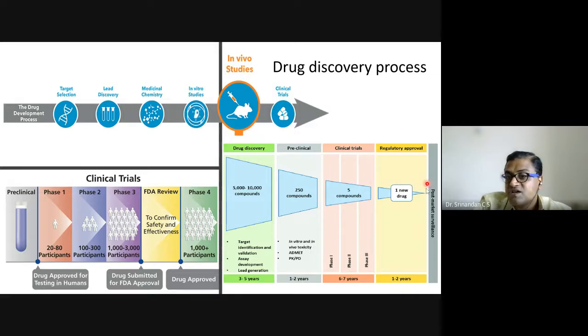At last, 1 to 2 years for the new drug to come into market, and then promotion, and the drug will be given by the doctor. So if a doctor is giving a pill, it has gone through 14, 15 plus years.